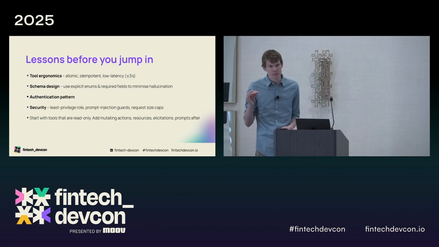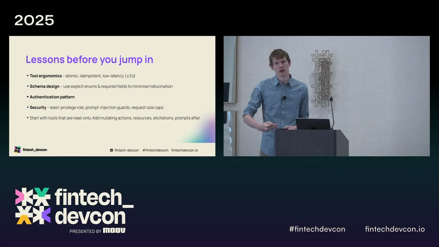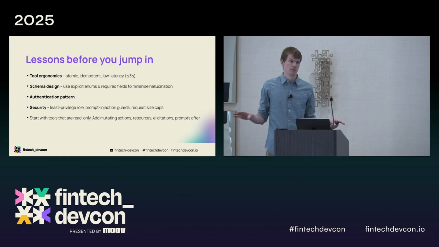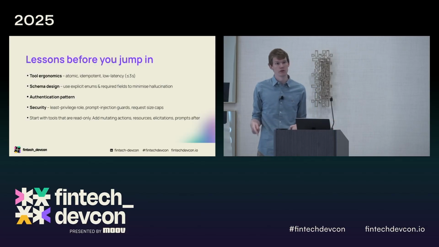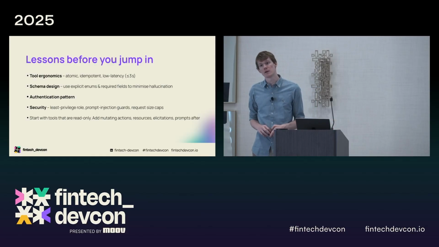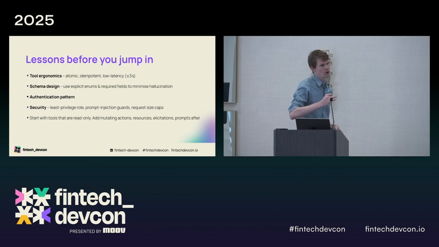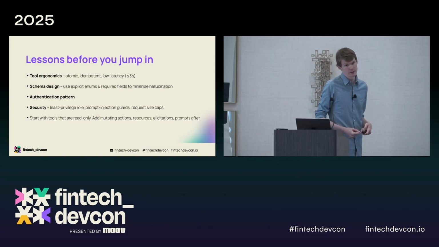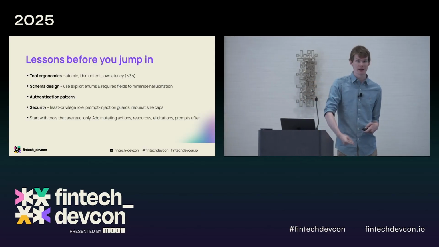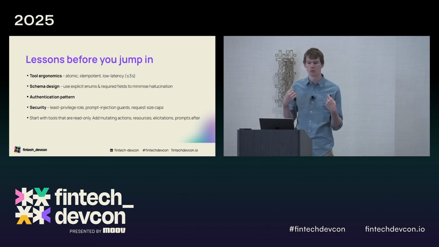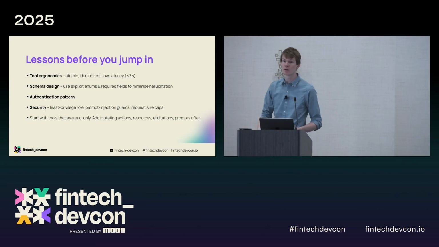And I think this is probably the key thing. When you start, don't go wild. Don't make the first thing you do be, hey, I want the ability to create payments. Focus on stuff that is read-only. Focus on getting information first. Focus on what's simple, and then you can make it more complicated.